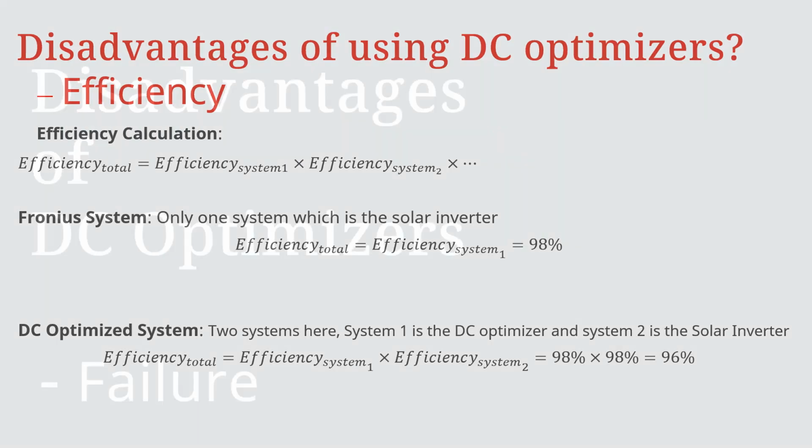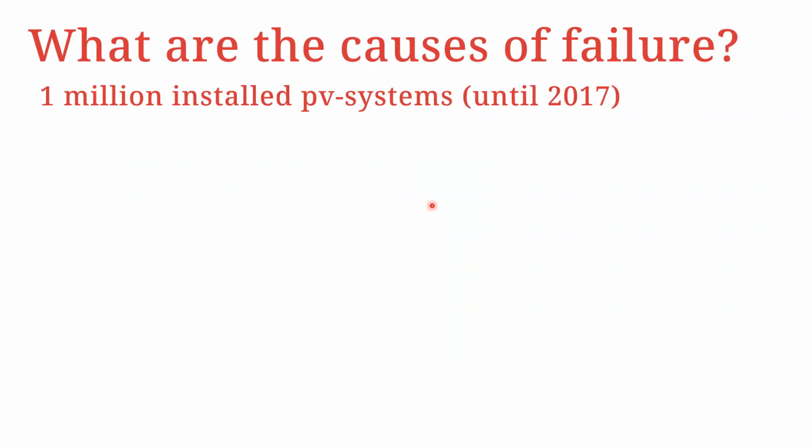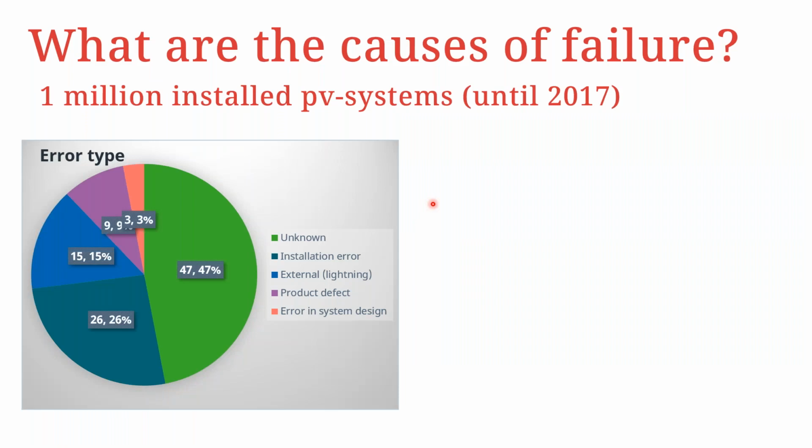About 1 million PV systems were investigated up until 2017, and various types of causes were evaluated. As you can see, about 47% of the causes were actually unknown. We have 26%, which were installation errors.